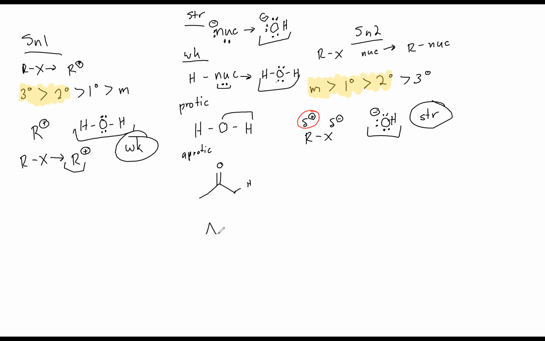Stuff like NH, OH, or FH count as hydrogen bonding. So if we have any one of these bonds in our solvent, then we consider it to be a protic solvent. Does that make sense to everybody? Okay, awesome.